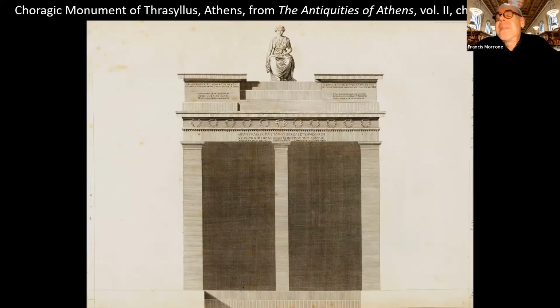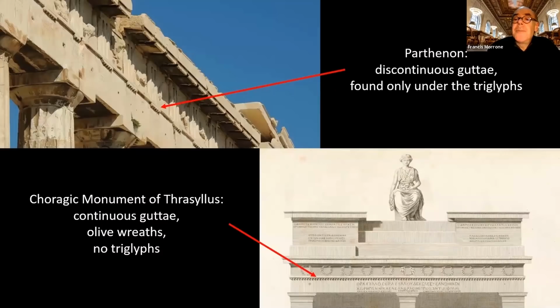Let's just, for simplicity's sake, say choragic. The choragic monument of Thrasyllus, from Athens. What was a choragic monument? It was a monument built in honor of a choragus, which was a choir master. So this is a simple monument topped off by a statue.